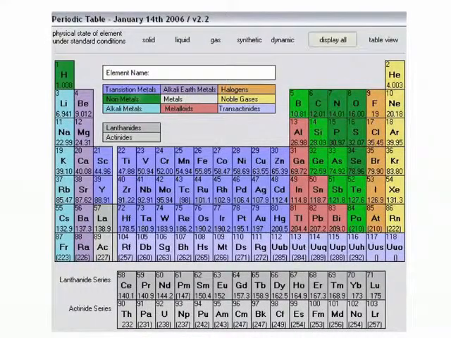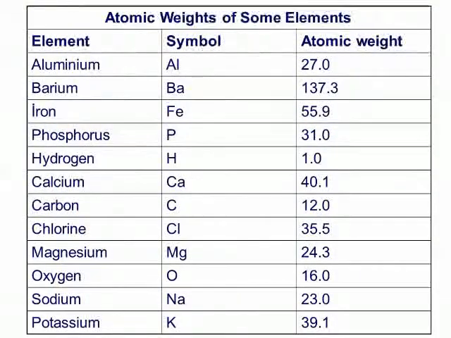When you look at any element, the number in the corner would show the molecular weight of that element. And examples for molecular weights of some of the very common elements: for example, hydrogen, we know it's 1, oxygen is 16, sodium is 23, and so on.